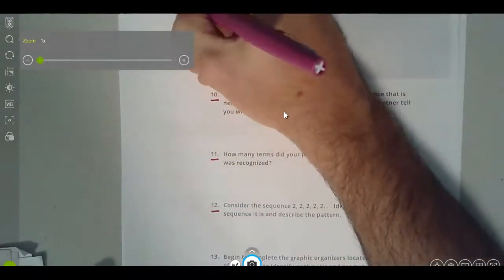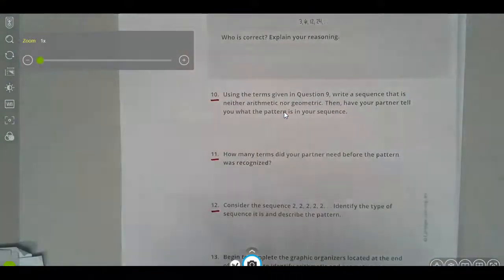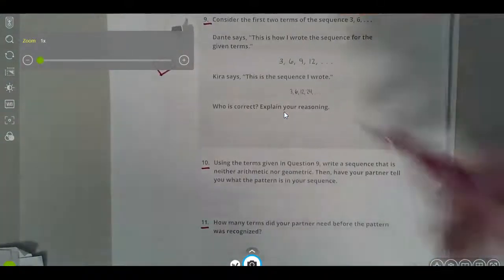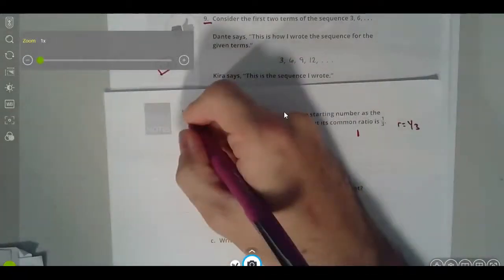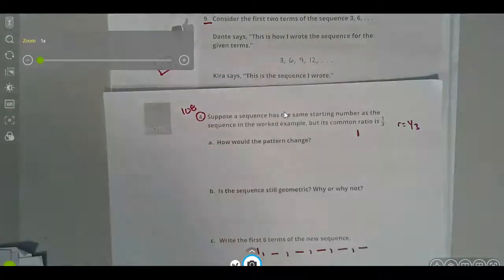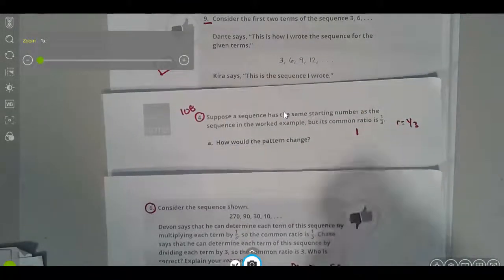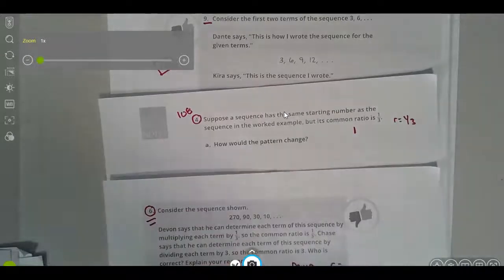That's one of those assignments I'm going to ask you to do. On page 110, I'm going to ask you to do 9, 10, 11, and 12. With, on page 108, number 4. Okay? And page 109, number 6.